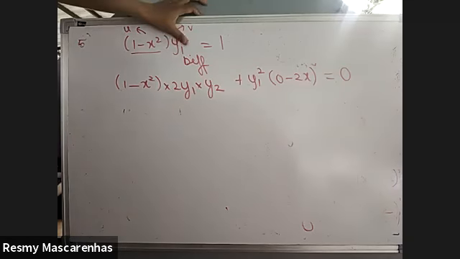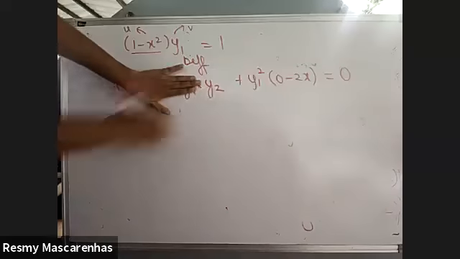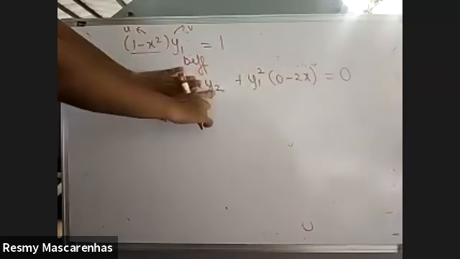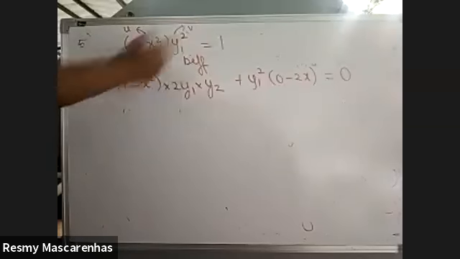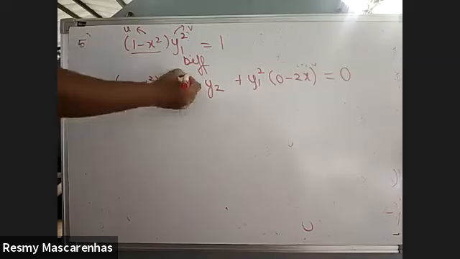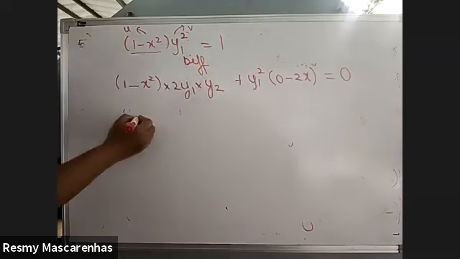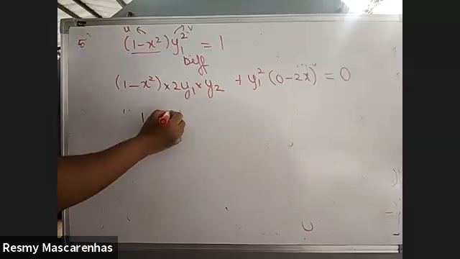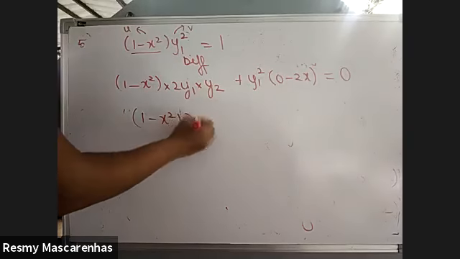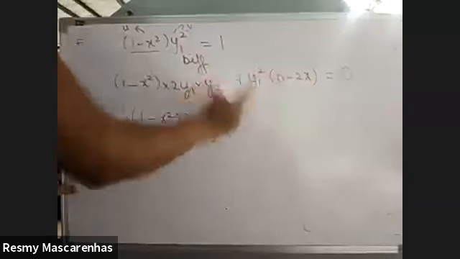If this was only y1, the straight answer would have been just y2, the derivative of y1. But because there's a square, it will first be 2y1, raised to 1, into the extra derivative. So 1 minus x square, 2y1 y2, minus, will be plus into minus.